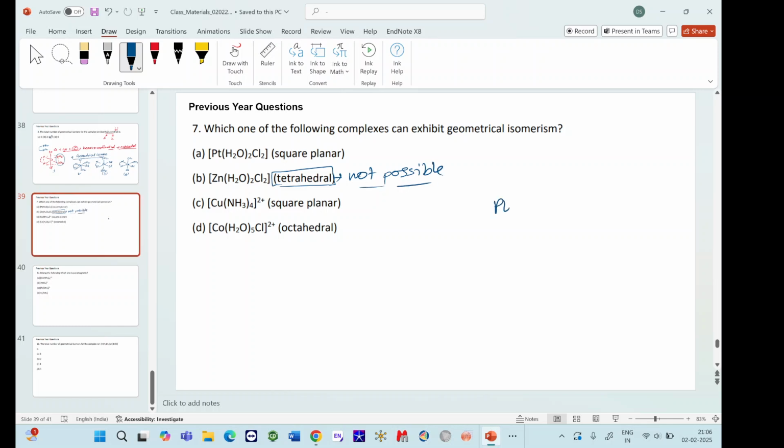Let us draw it. We have two water and two Cl. This is one form which is called cis, and you can also have one form with H2O, Cl opposite, H2O, Cl. This can be considered as the trans.